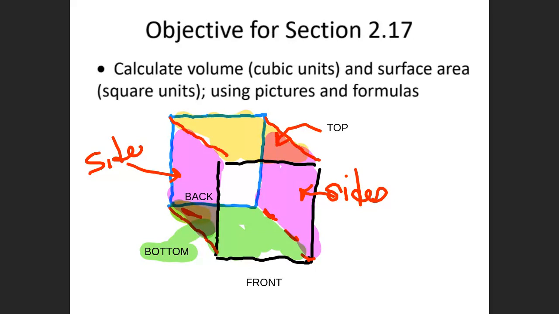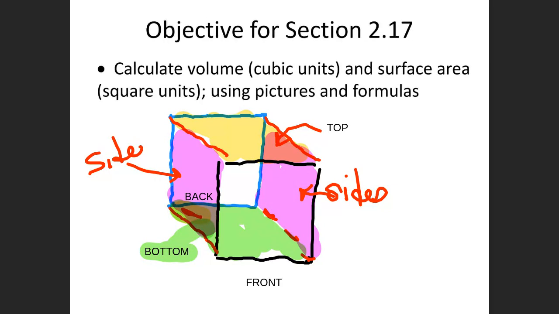Okay, so for every box, we have a front side, a back side, a top, a bottom, and we have sides. The sides are the pink area, and that's kind of hard to see with this type of figure, but this is what you have to think.